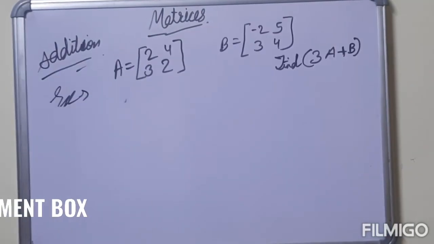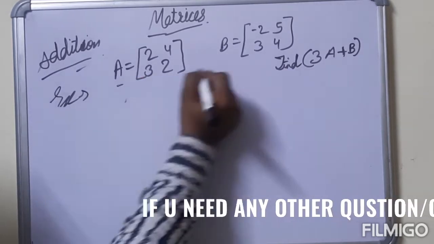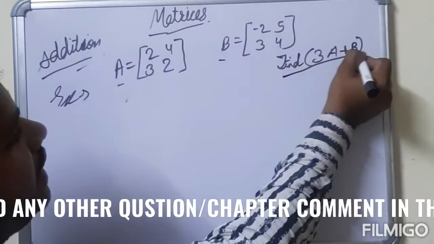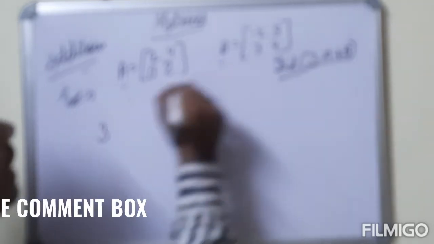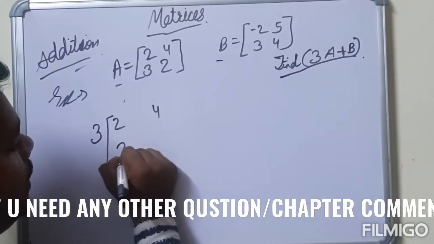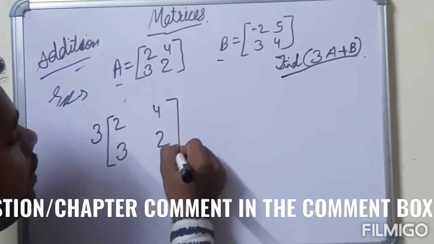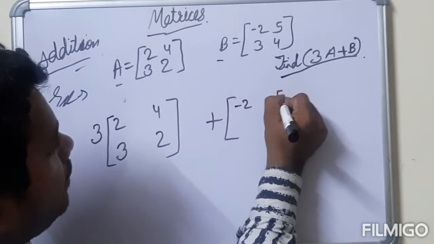Now moving on to the second example. In this we are given two matrices A and B, and we have to find the value of 3A plus B. So first 3 times matrix A, which is 2, 3, 4, 2, plus matrix B, which is minus 2, 3, 5, 8.